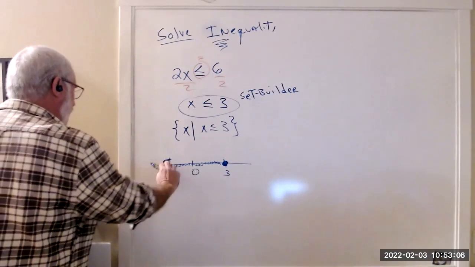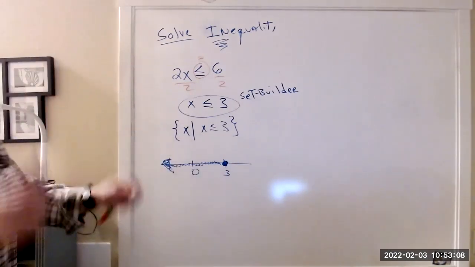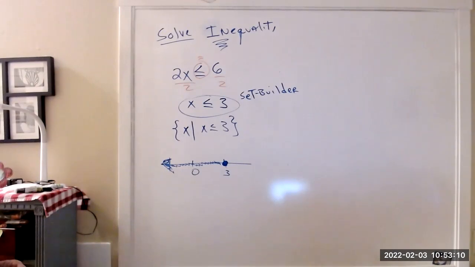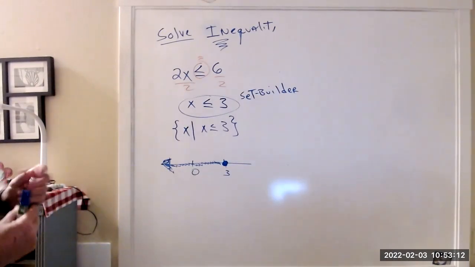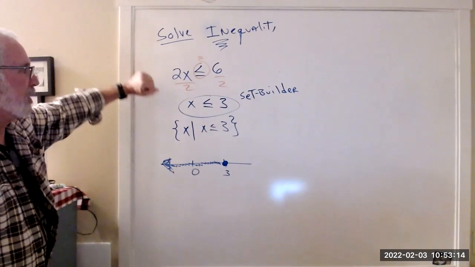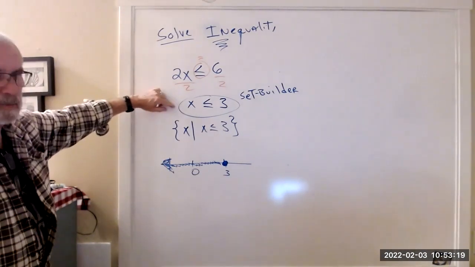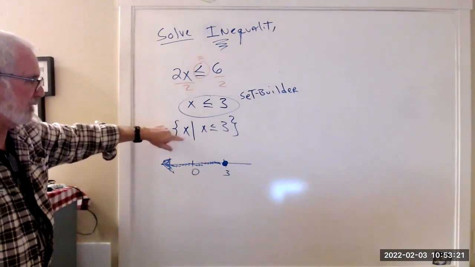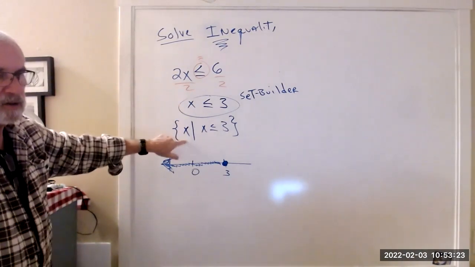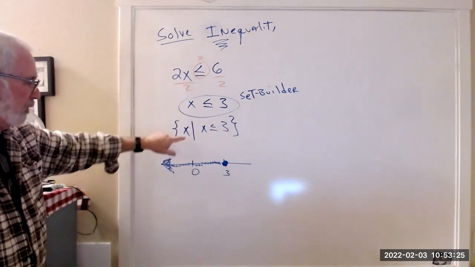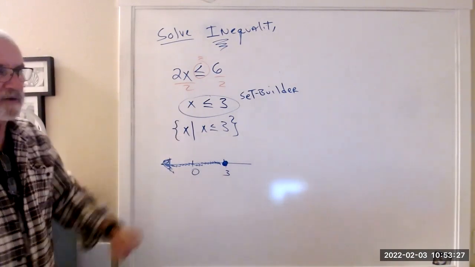And we put an arrow there, and everybody's happy. Now, most of you already knew that. When we're trying to solve an inequality, we get our answer, and it's in set builder notation. This is the lazy way. This is the official way. I'm not going to be real picky about it. And this is its graph.